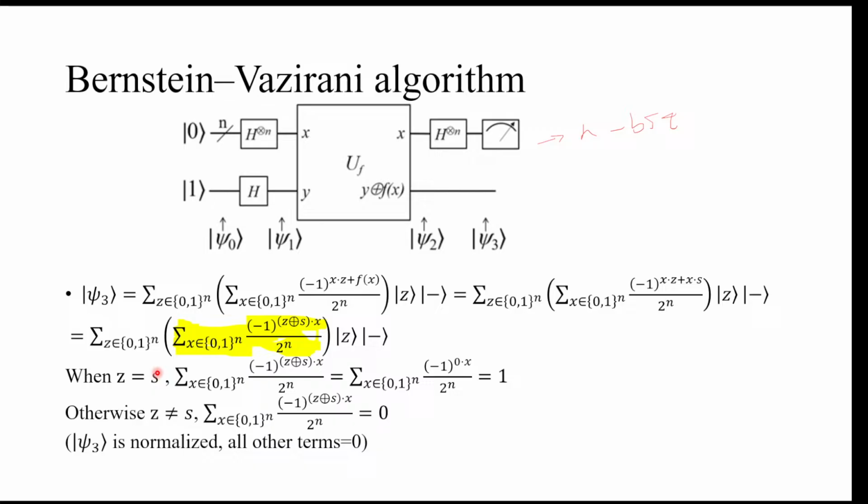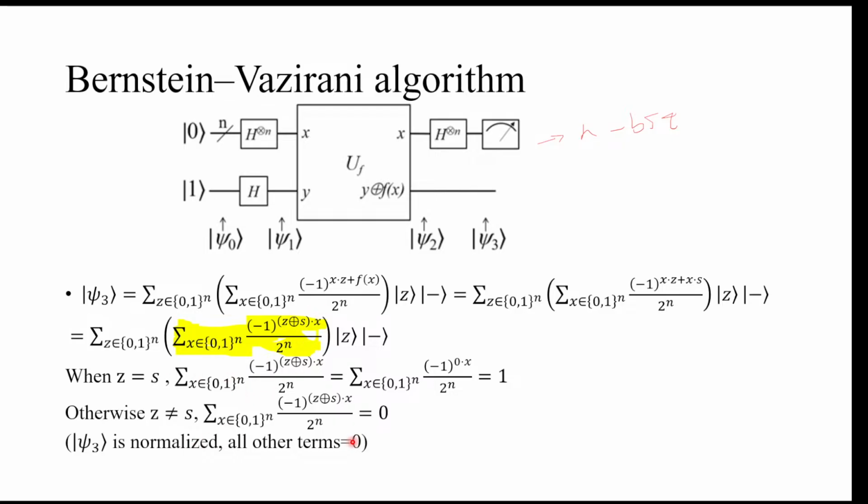And so when we do this, this is (-1) to the z dot x plus s dot x, and when you sum over x, this thing is 1 if and only if z equals s. When z doesn't equal s, this thing is going to be 0 because there is going to be cancellation between different x.